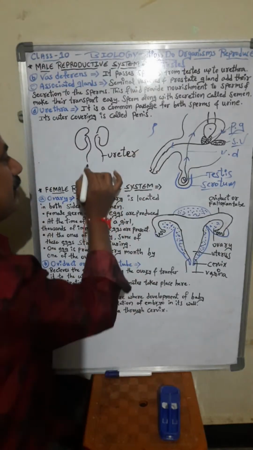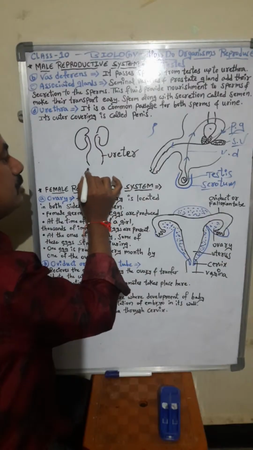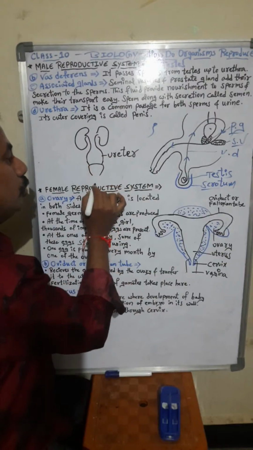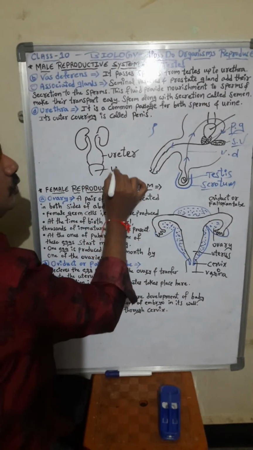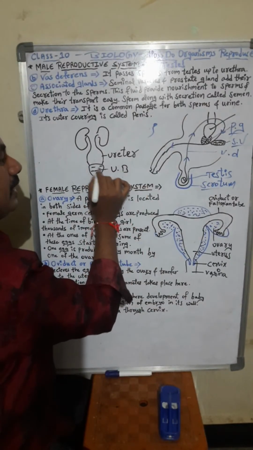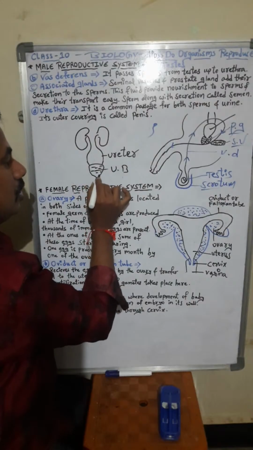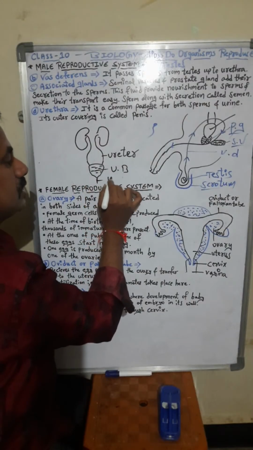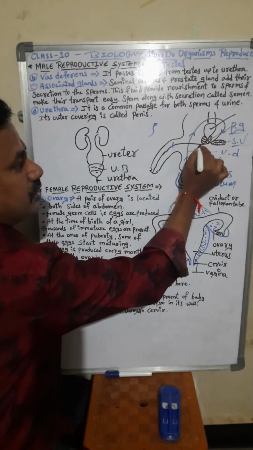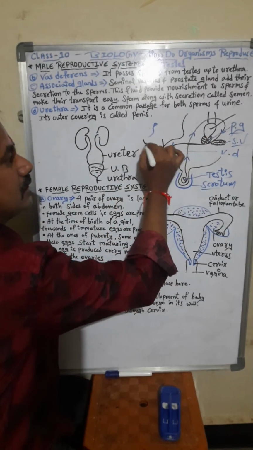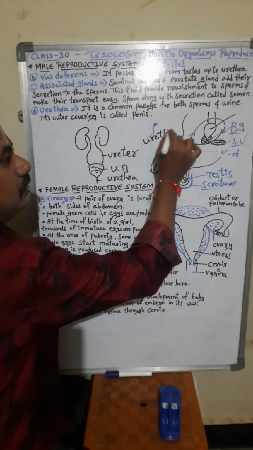Remember the spelling, very very important. These pipes are connected to the urinary bladder. Urine is stored here temporarily, and a long tube-like structure forms. This is known as the urethra.